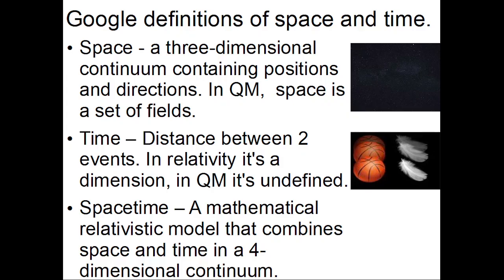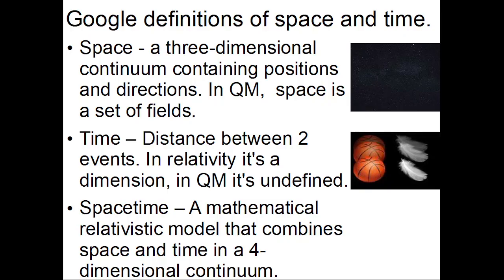At this point, I need to define the meaning of three major physics concepts: space, time, and spacetime. Google defines space as a three-dimensional continuum containing positions and directions, although quantum mechanics defines space as a set of fields, each manifesting a particle.